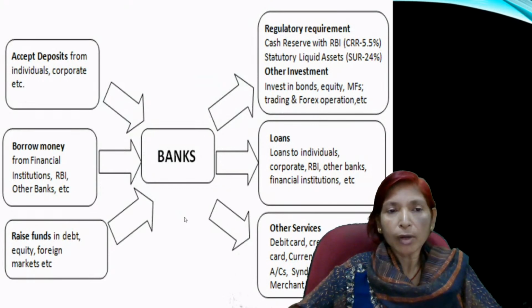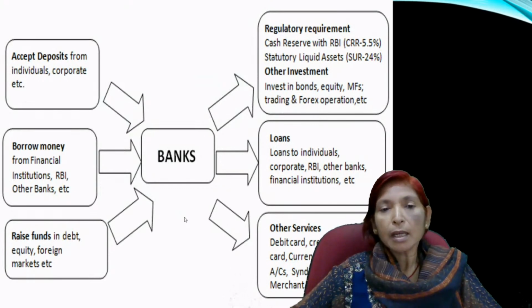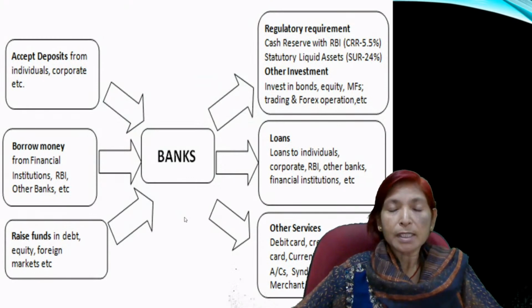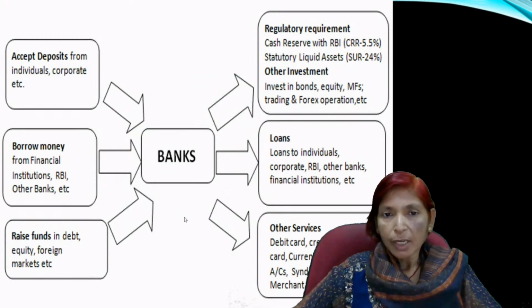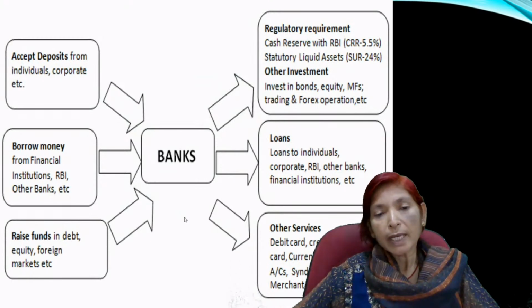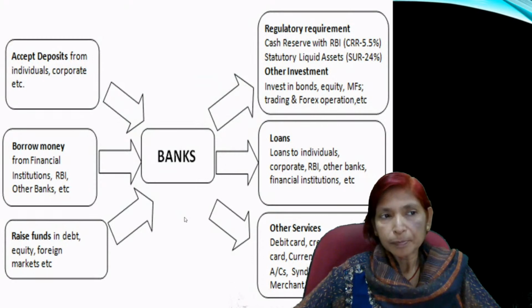It's a regulatory authority, and the Reserve Bank controls the credit creation process and controls the money supply. RBI deals with the banking system, but commercial banks deal with the public.